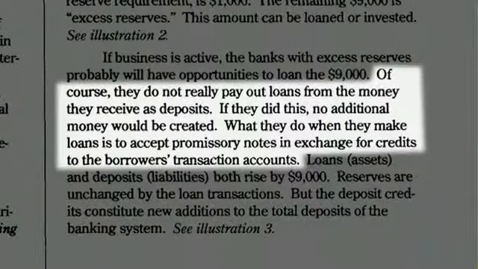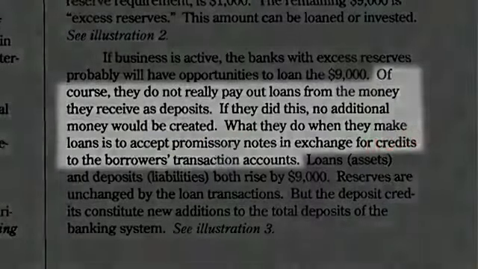If they did this, no additional money would be created. What they do when they make loans is to accept promissory notes, loan contracts, in exchange for credits, money, to the borrower's transaction accounts. In other words, the $9 billion can be created out of nothing simply because there is a demand for such a loan and that there is a $10 billion deposit to satisfy the reserve requirements.